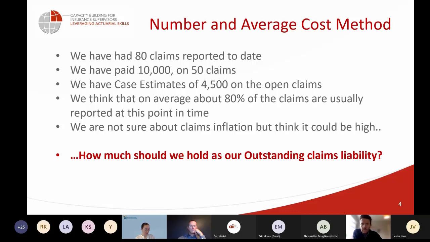So we've had 80 claims reported so far on all the policies in this class of business, but we've paid $10,000 on 50 claims. And we have case estimates of 4,500 on the open claims.